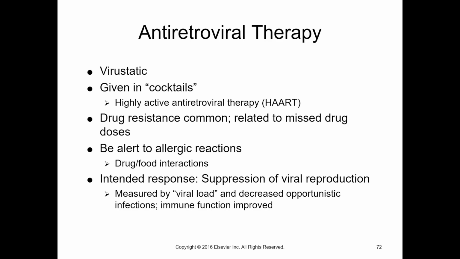They're virostatic, and they're given in cocktails, meaning you get a combination of these drugs. One of the most commonly used forms is HAART, which is highly active antiretroviral therapy. It's 2 to 3 different retrovirals. Again, you affect more steps of the HIV virus life cycle, you are more likely to be successful in preventing active infection.